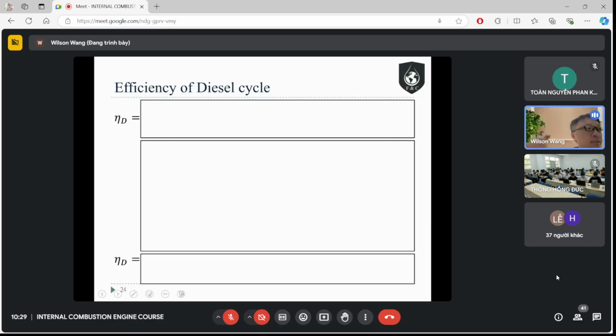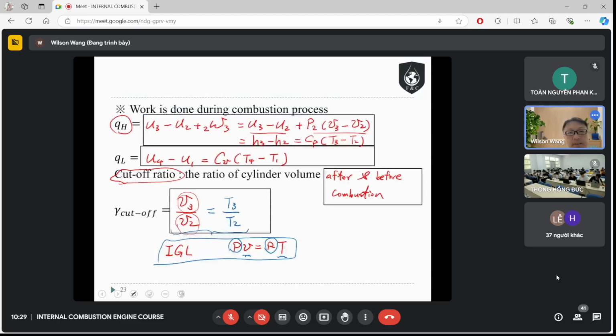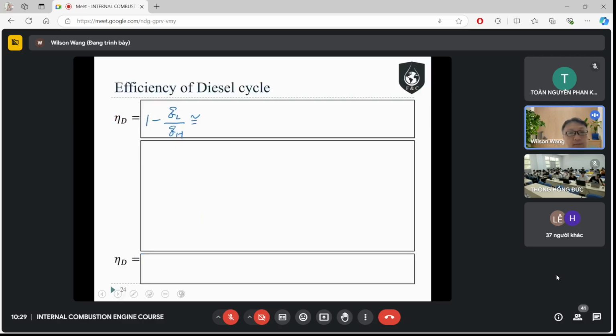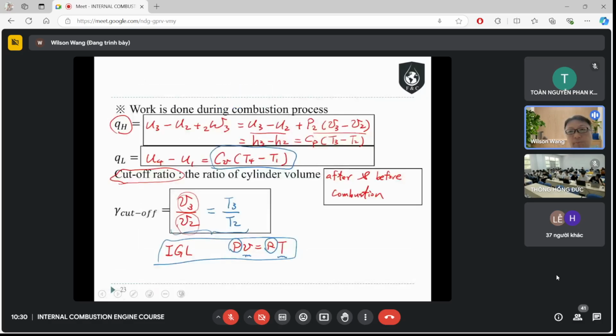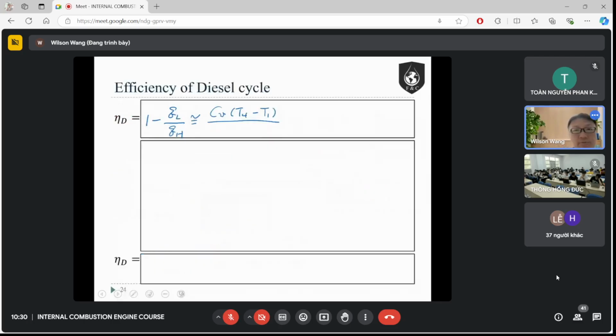So to calculate the thermal efficiency of the diesel cycle, again this is 1 minus QL by QH. QL is Cv times T4 minus T1, and QH is Cp times T3 minus T2.